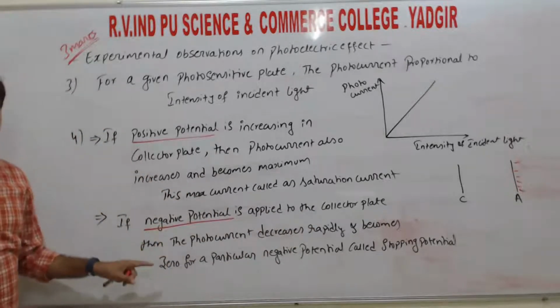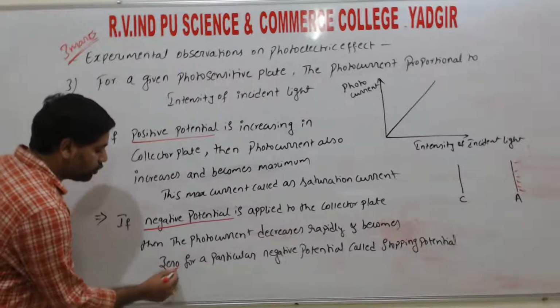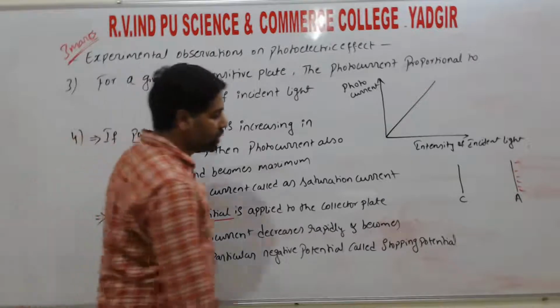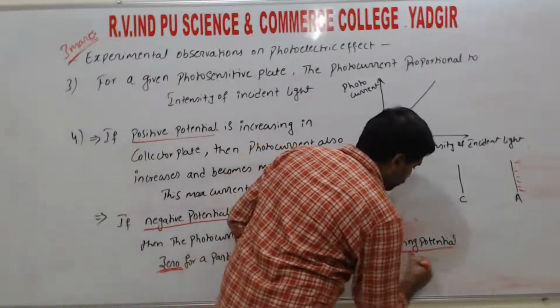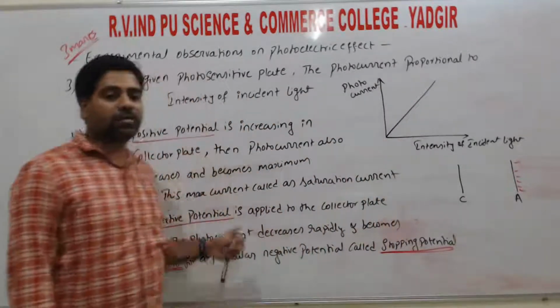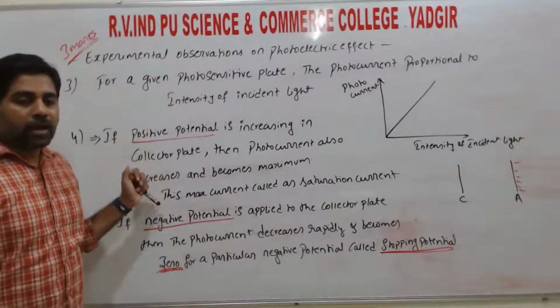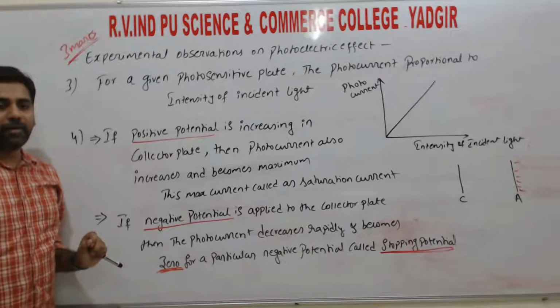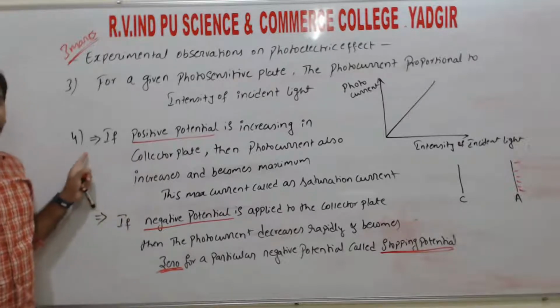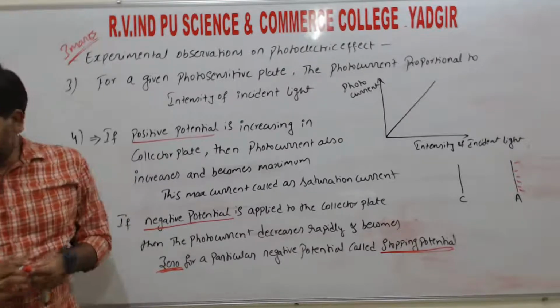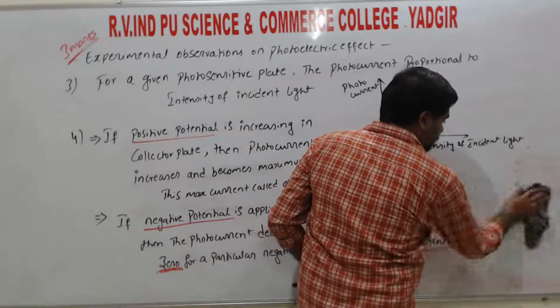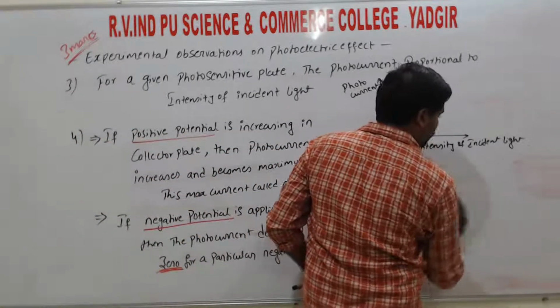The potential for which the photocurrent becomes zero is called the stopping potential. Right? These are the four experimental observations while studying the photoelectric effect. This is very important for 3 marks. They ask the question continuously, back to back.